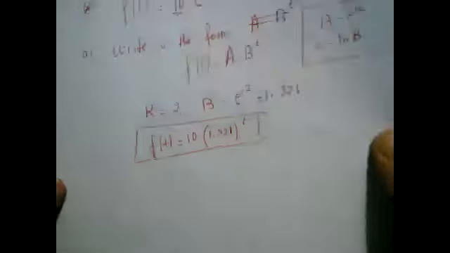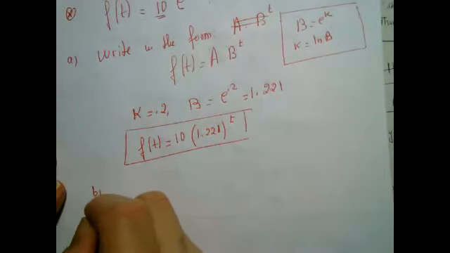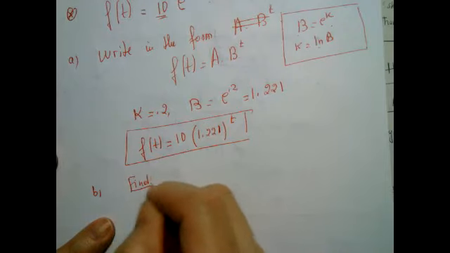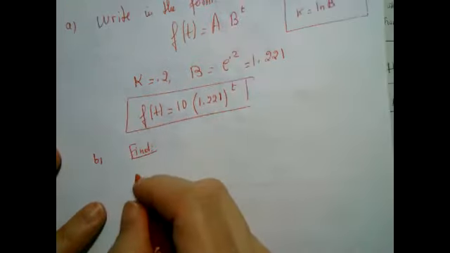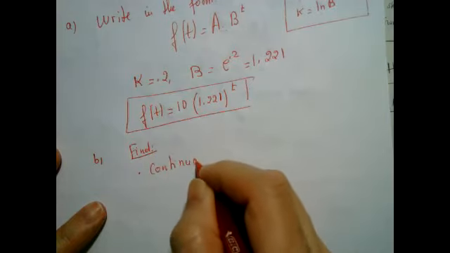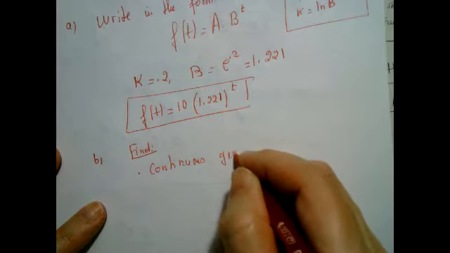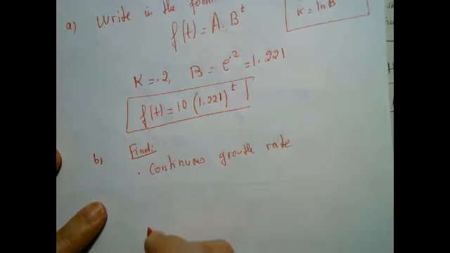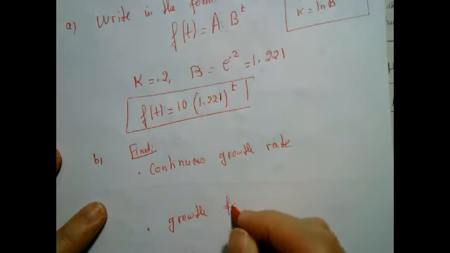Okay. Now question number B is, this question is for the terminology. Identify the following. Continuous growth rate. As I said, this question is to get the terminology going. Growth factor and growth rate.